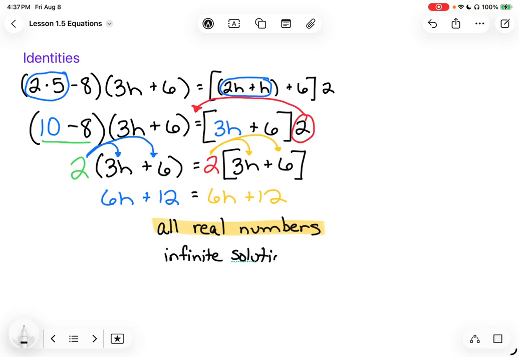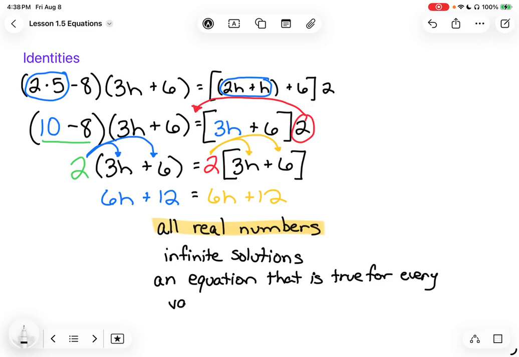And an equation that is true for every value of the variable is called an identity.